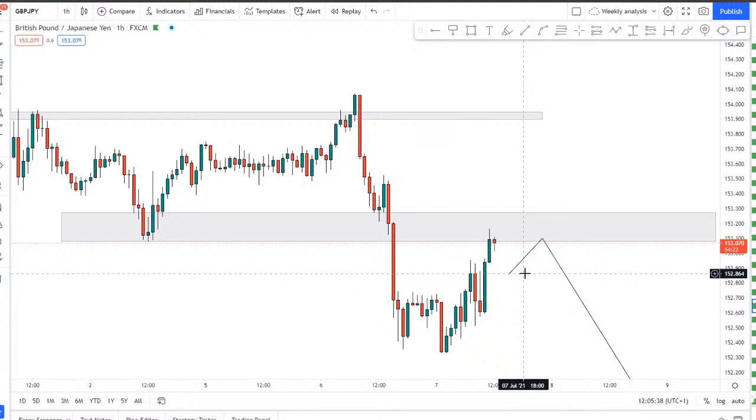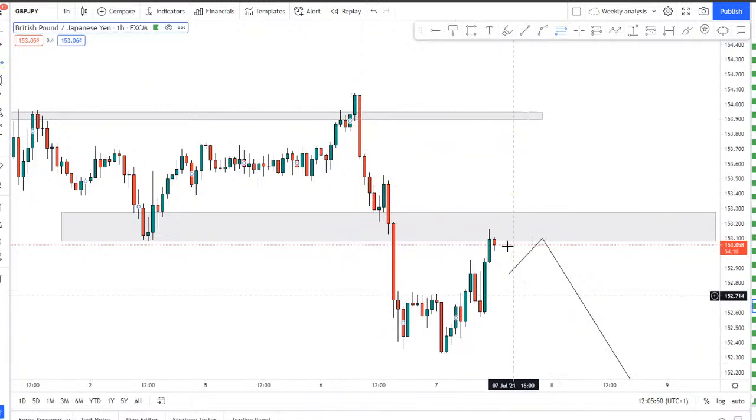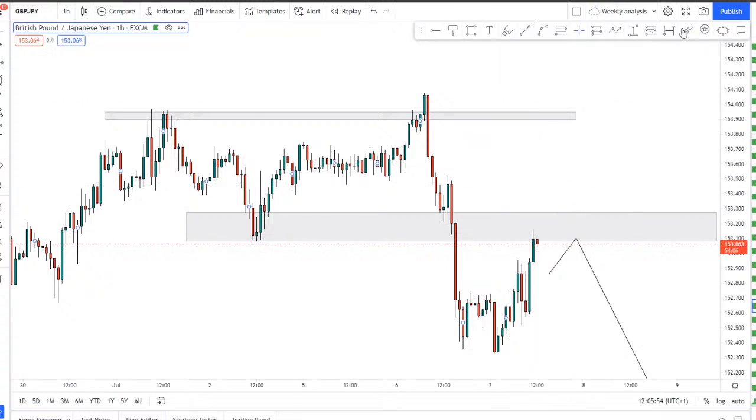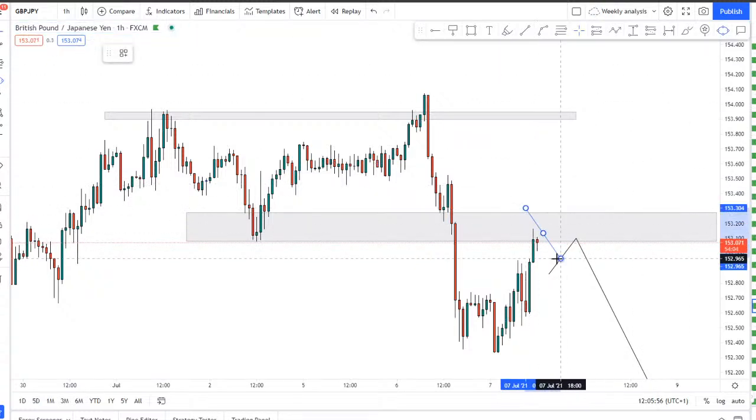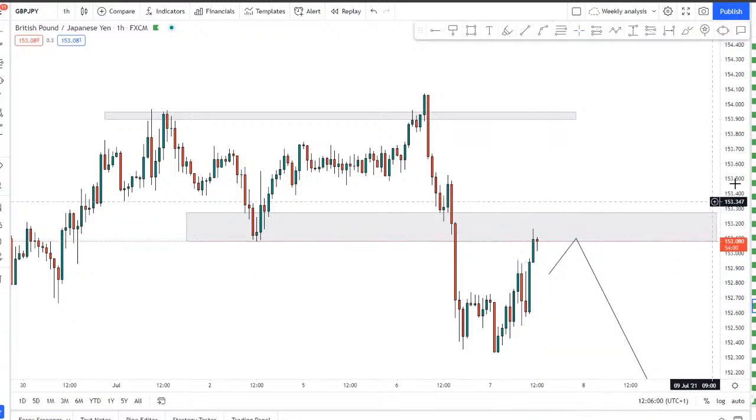I want to see some nice strong bearish candles to get involved, but right now it's a little bit too bullish, and like I said, I don't think we have quite reached the 50% yet, so there's still a little bit of room to the upside for price to reach that area and then maybe turn. But I think generally in this area, if the market does turn bearish, it does look good for potential sells there for GBPJPY.